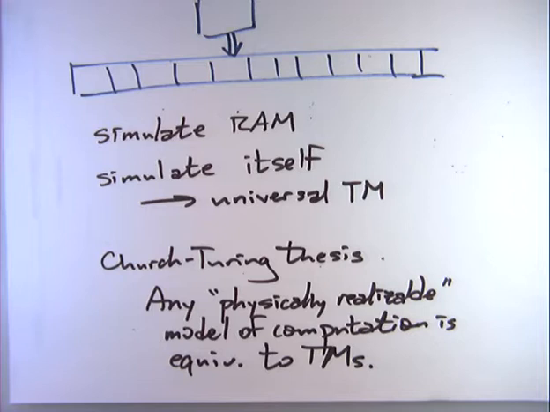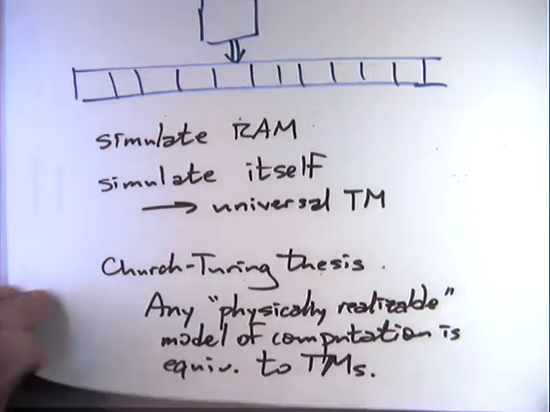A Python interpreter is a single program that can execute any Python program and therefore can compute anything that can be computed in Python with just one piece of code, treating the other Python program as data now as opposed to a separate machine. Okay?